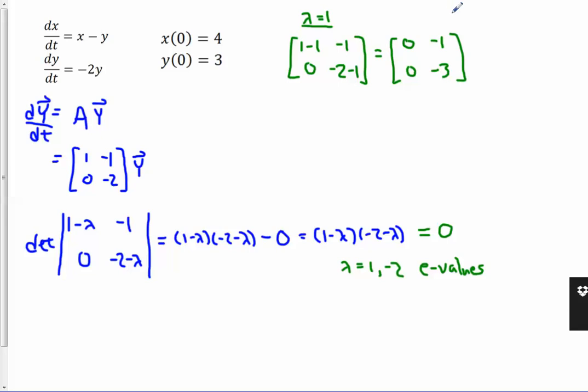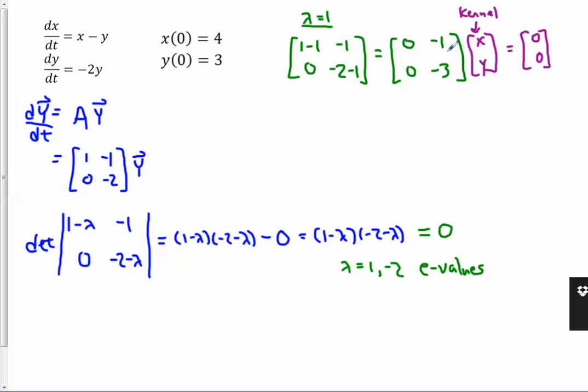Then you look for the eigenvector, a vector that this matrix, when multiplied against, will turn into 0, 0. In linear algebra, you call that a vector in the kernel. So we're looking for the kernel of this matrix.